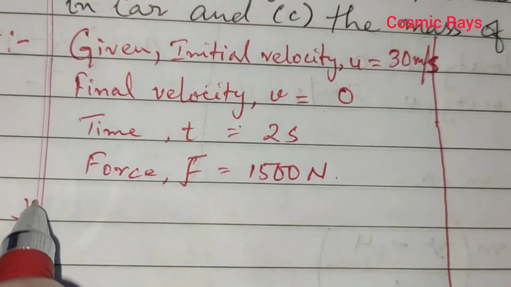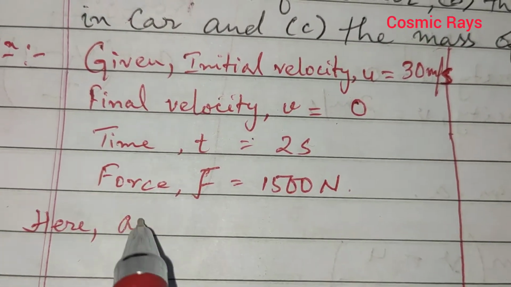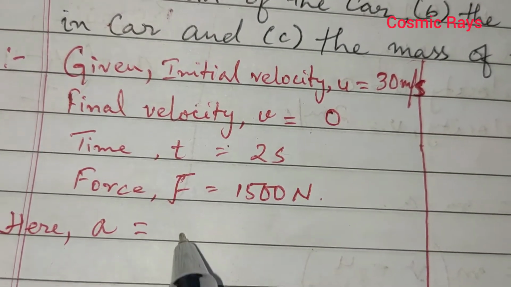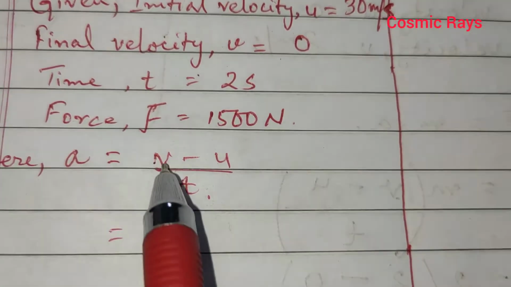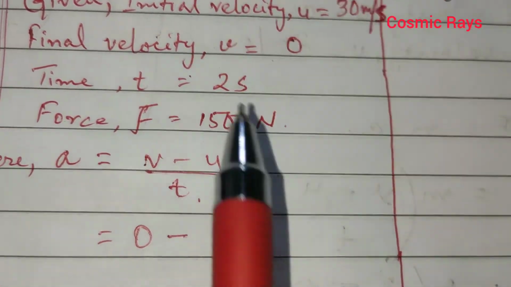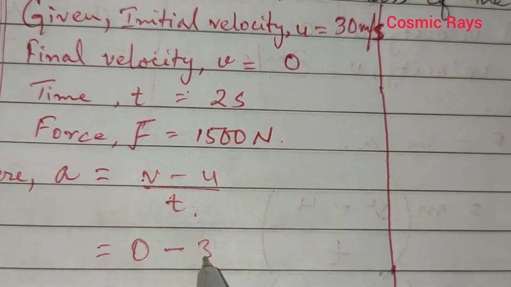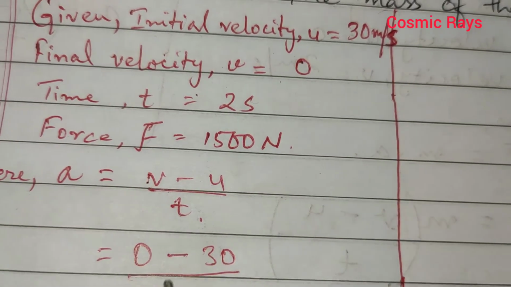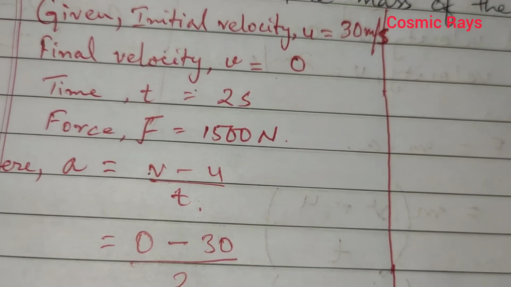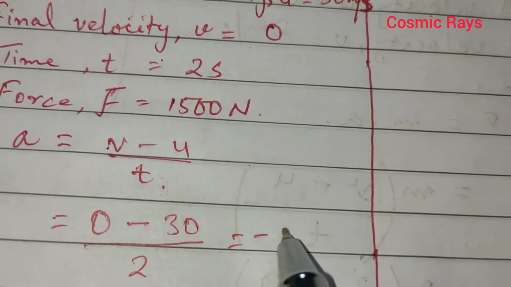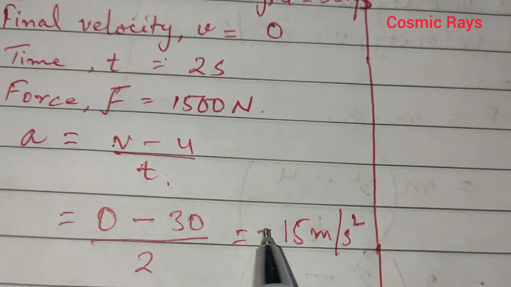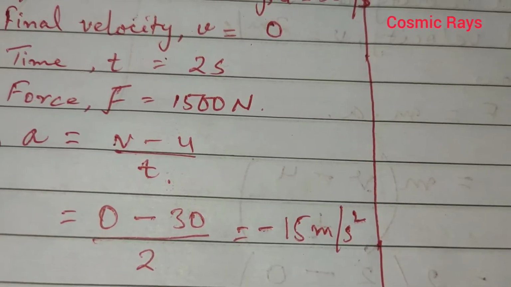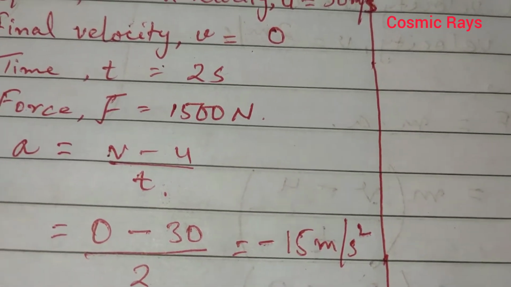Here in this case acceleration is equal to v minus u upon t. We know that finally the car is coming to rest, so 0 minus initial velocity, which is 30, and the time taken is 2 seconds. So again it will be minus 15 meter per second square, and this minus sign again indicates that this is retardation.